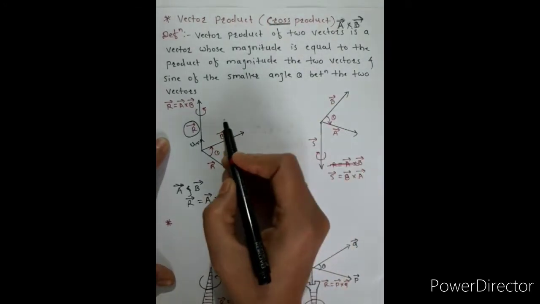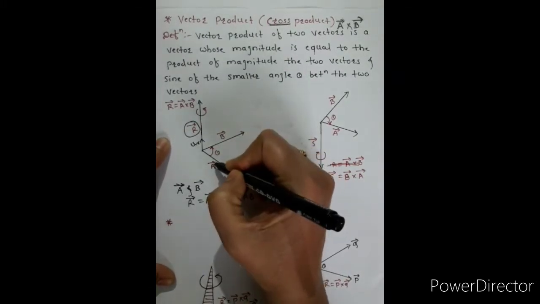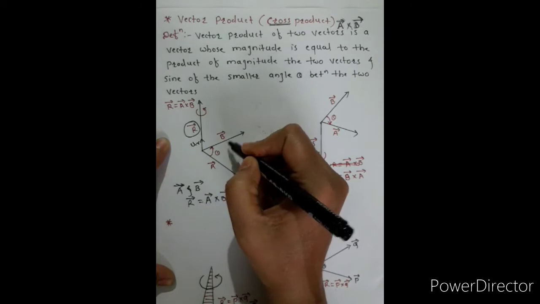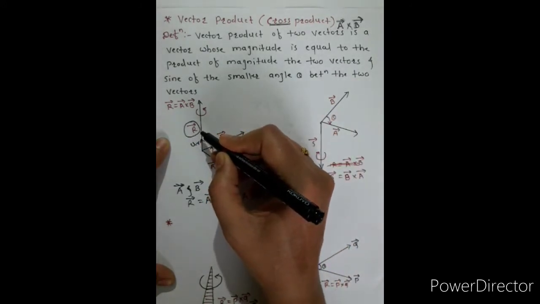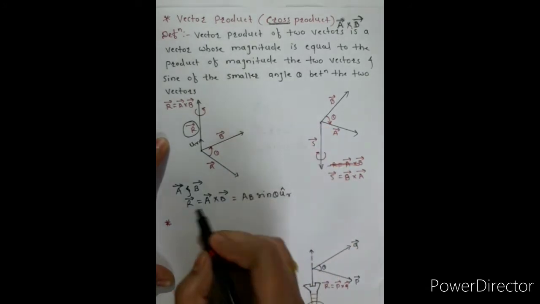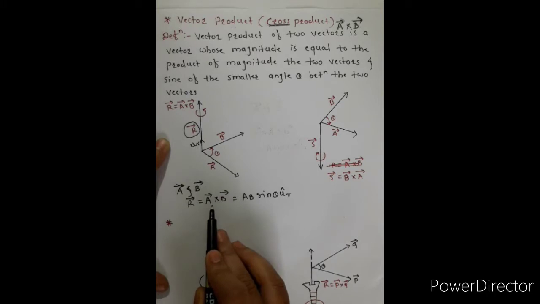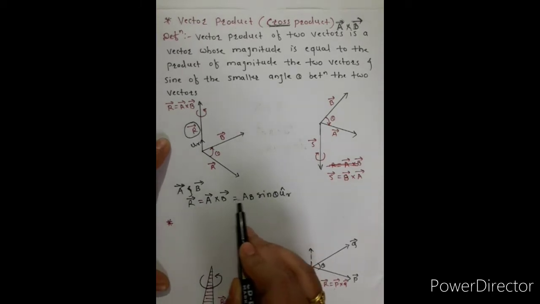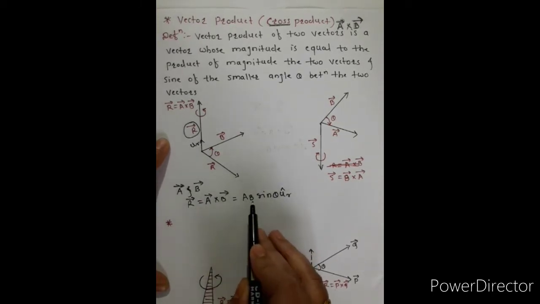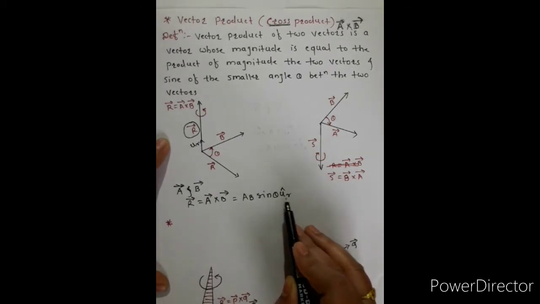So if the vector product of two vectors A and B is a third vector, vector R, it is written as vector R is equal to vector A cross vector B, which is equal to magnitude of A into magnitude of B into sine theta u cap R.